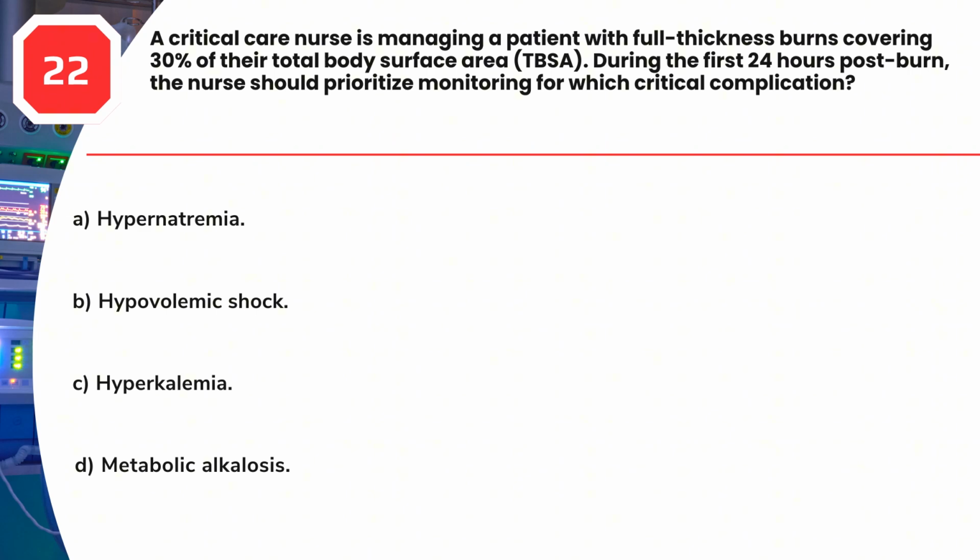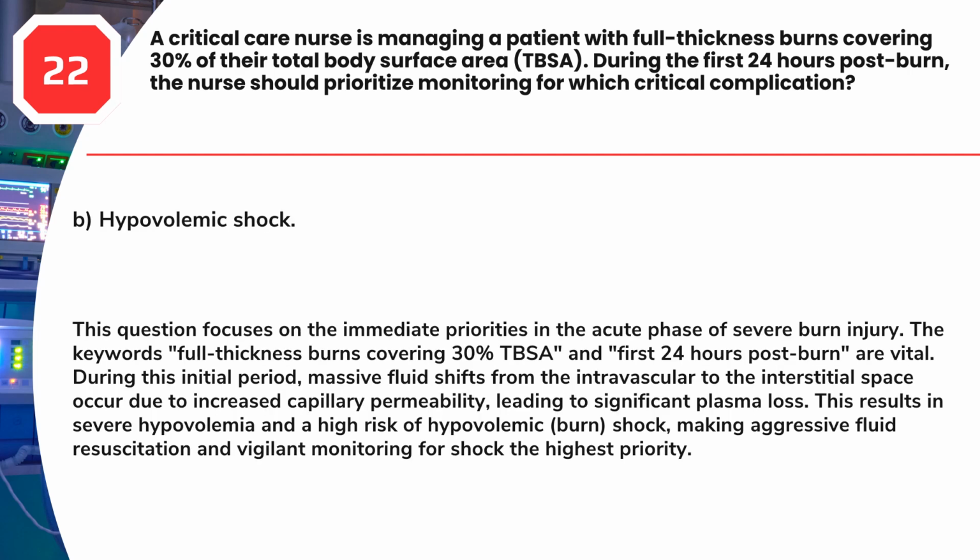B. Hypovolemic shock. C. Hyperkalemia. D. Metabolic alkalosis. Answer: B. Hypovolemic shock. This question focuses on the immediate priorities in the acute phase of severe burn injury.